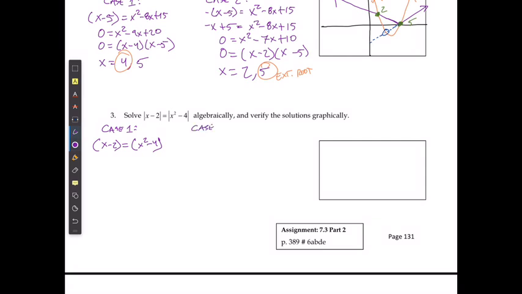For case 2, I'm going to say that x minus 2 is equal to negative x squared minus 4.